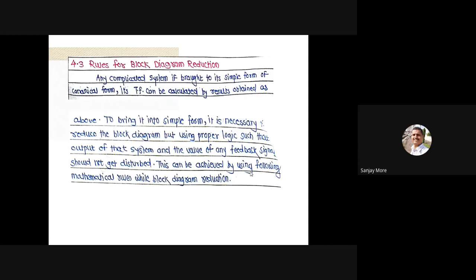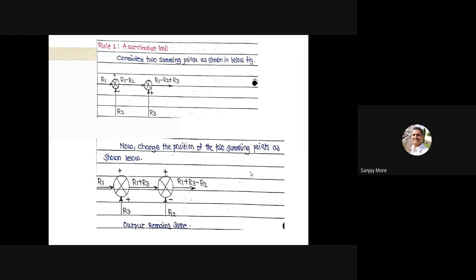Then rules for block diagram reduction. Total 8 rules are there. In yesterday's lecture 6 were completed. First one is the associative law or addition law. Here the output remains same, meaning R1 plus and R2 minus. Here R1 minus R2 moves forward, R1 minus R2 plus R3.